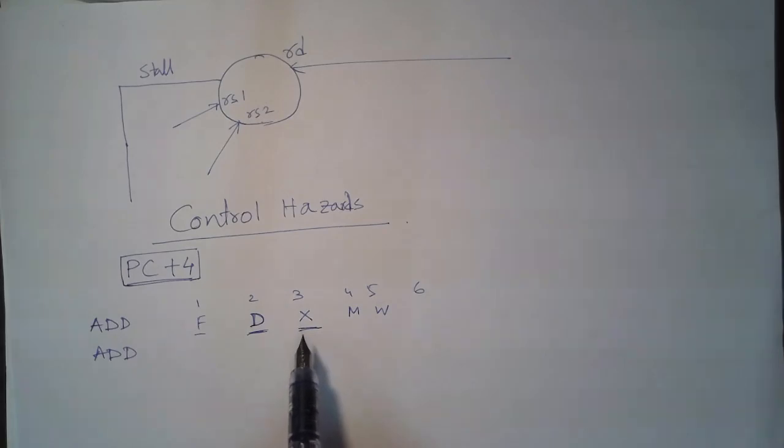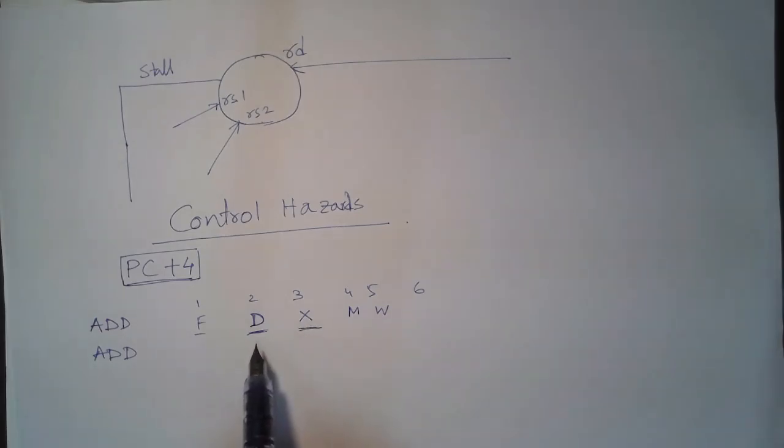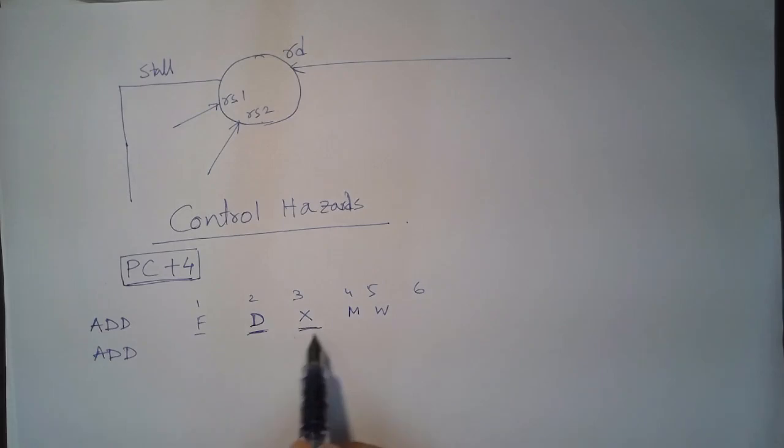Now, if you want to wait till the execution stage before you are sure where your next instruction has to be fetched, because before that you are not sure what the branch outcome will be, that becomes clear only when you are in the execute stage.